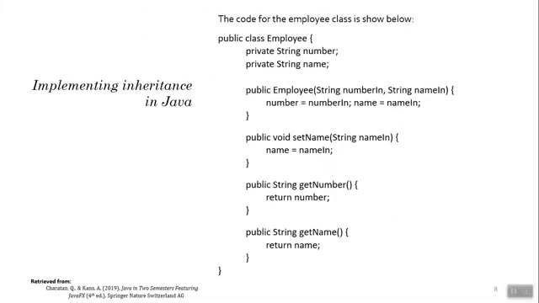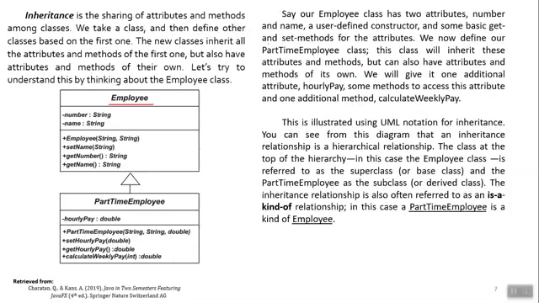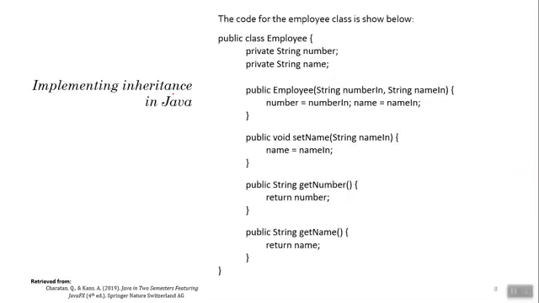Next, here's the implementation. You may try it out on your machine. The code for the employee class is shown below. We just convert this UML diagram into an implementation of code in Java. So we have public class Employee, and then private String number, private String name, and then public Employee.